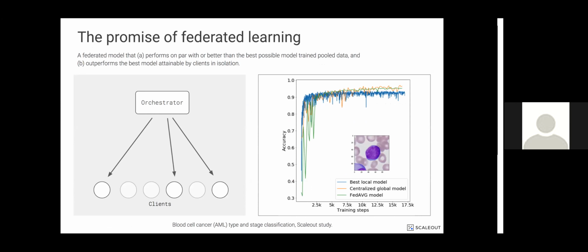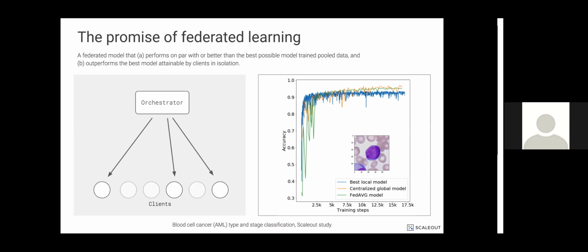So here you showed that the best local model has a lower prediction compared to the centralized global model and federated. Exactly. And that's interesting. I was just thinking about other angles of this scenario.